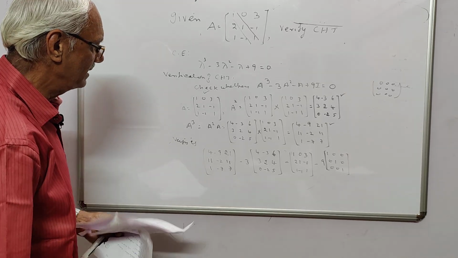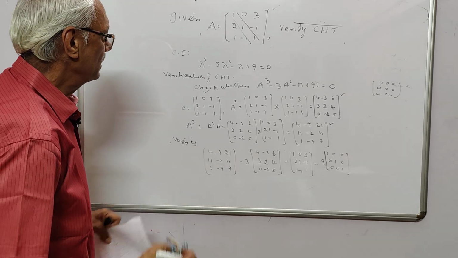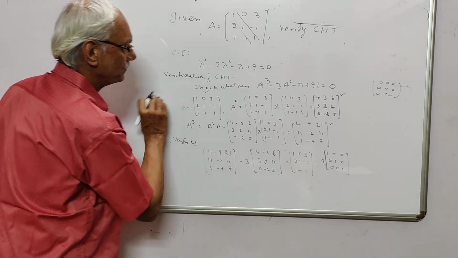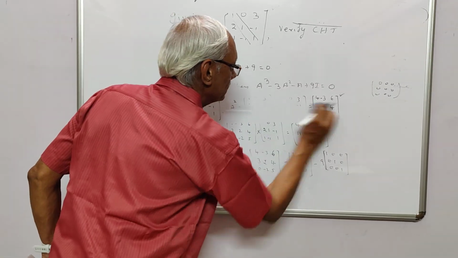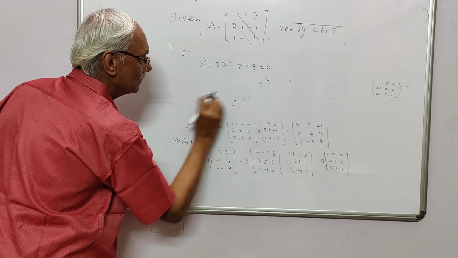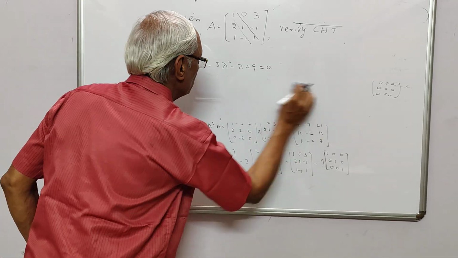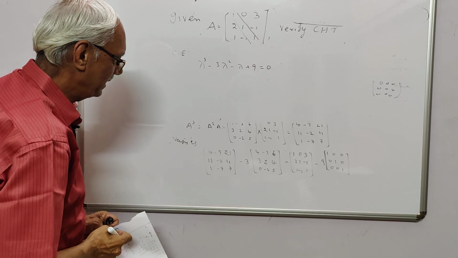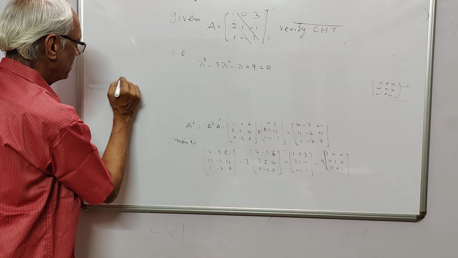Now we will verify whether this is equal to 0. Now I will rub off this. So what is it that you will get here? 4.